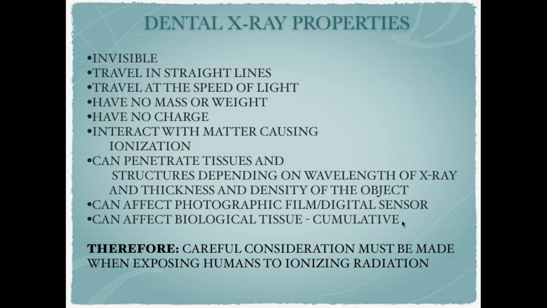That doesn't usually change itself. It depends on the amount of exposure that you've had. So we, again, are very careful about exposure to our patients. And therefore, careful consideration must be made when exposing humans to ionizing radiation because it can affect biological tissue and it is cumulative.